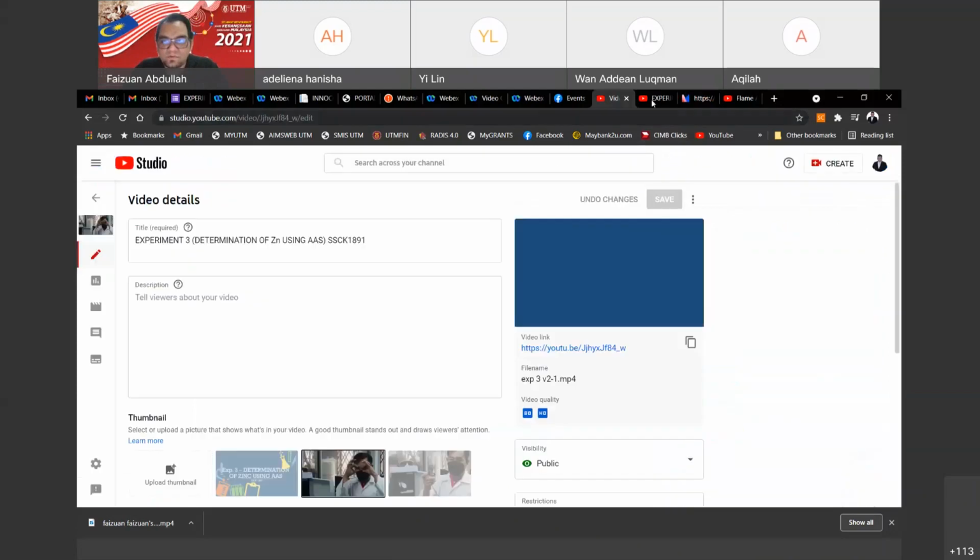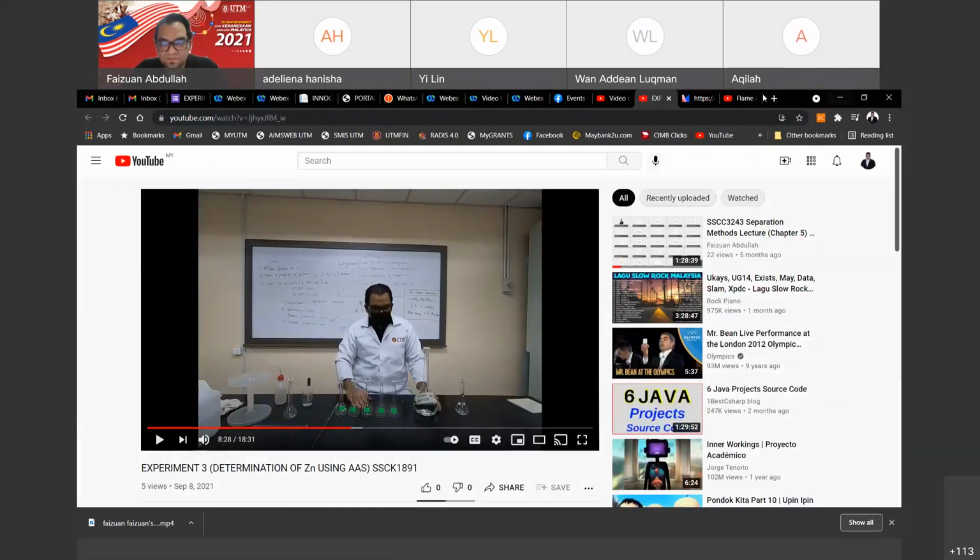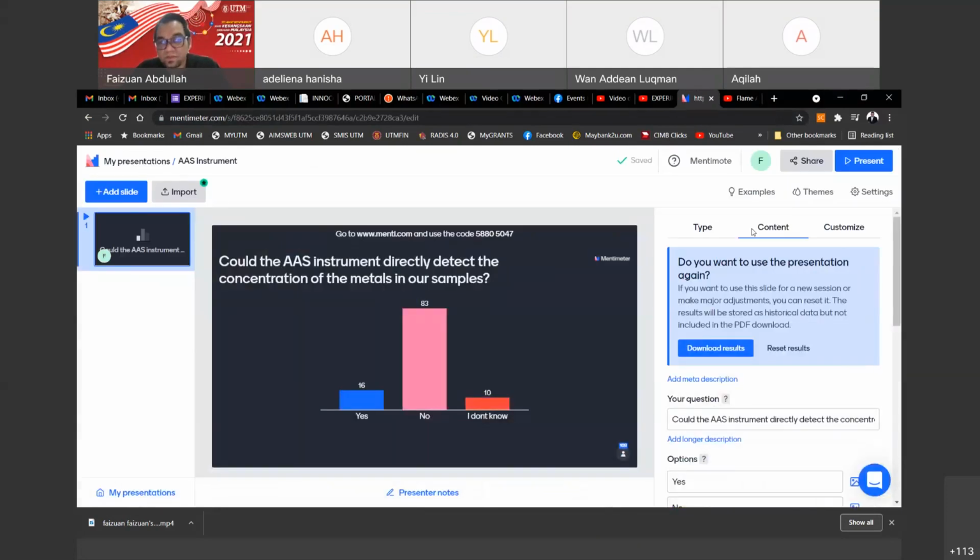We'll watch the video again after this. Atomic absorption spectroscopy only can detect the absorbance. If the detector detects the loss of energy from the energy source, which is the hollow cathode lamp, it is due to the absorption of the energy by the analyte, for example zinc inside the sample that has been atomized.